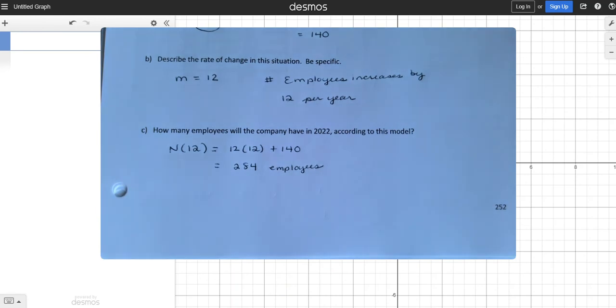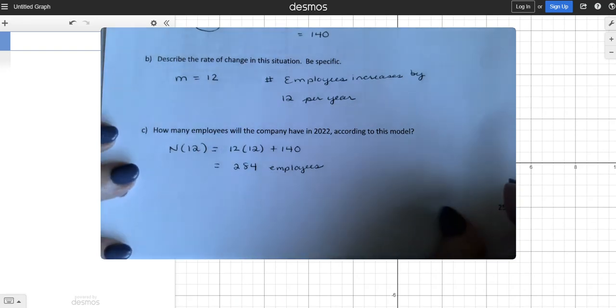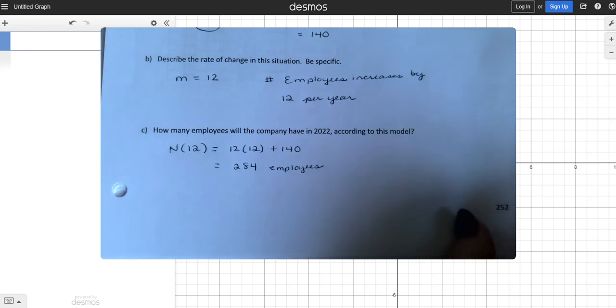So you can definitely see different growth rates. We ended up with different predictions for 2022, depending on whether I had the relative growth, the exponential situation, or the absolute growth, the linear situation.